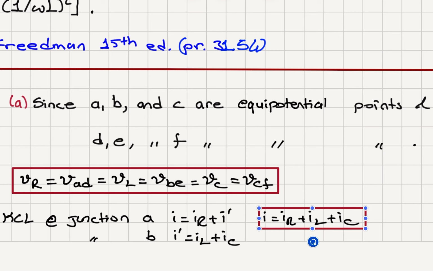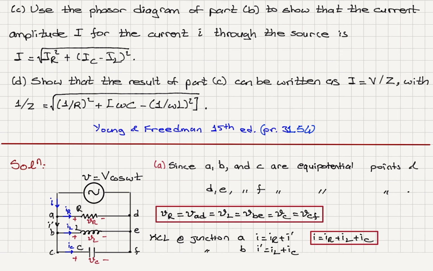It's just an application of Kirchhoff current law. So we were supposed to show that the instantaneous voltages are the same and the currents add up to the current through the source.